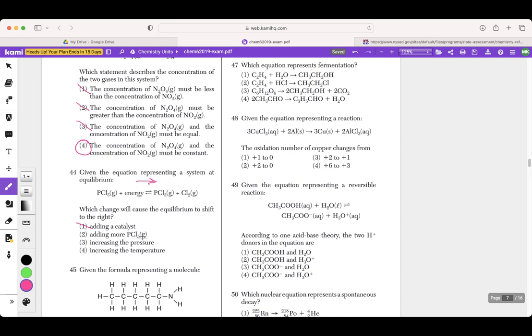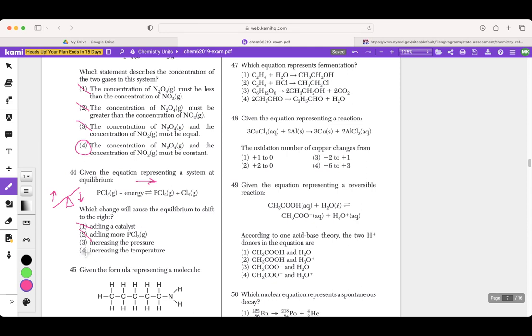If I add more PCl3, if I made my teeter-totter, and now I have more PCl3, so that side's going to be higher. Well, I need that side to go down and the other side to go up in order to balance out my seesaw. That means that this reaction producing PCl3 needs to go down. So that cannot be the case. Increased pressure versus increased temperature.